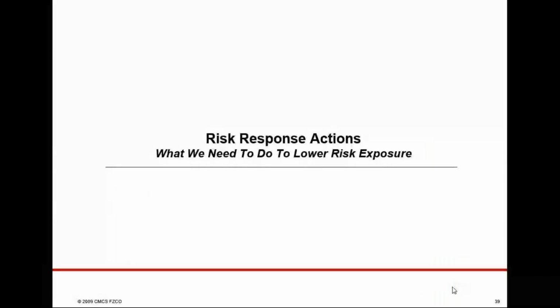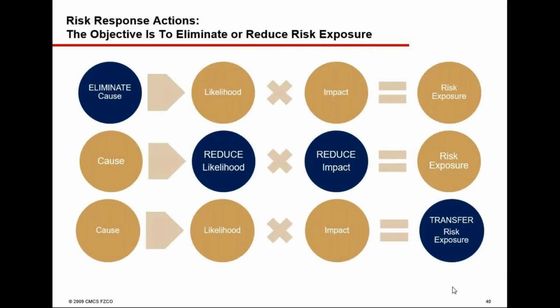Now we have done the analysis. We need to take up some response action so that we can bring it under our control and drive the project towards completion. For that, risk response actions: eliminate, reduce likelihood, reduce impact, transfer the risk exposure.